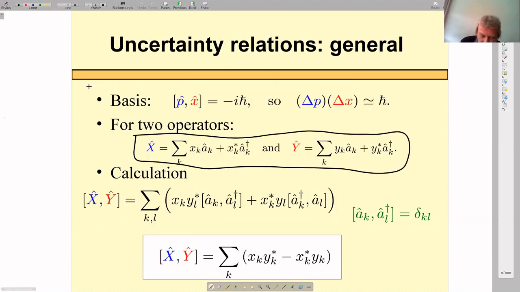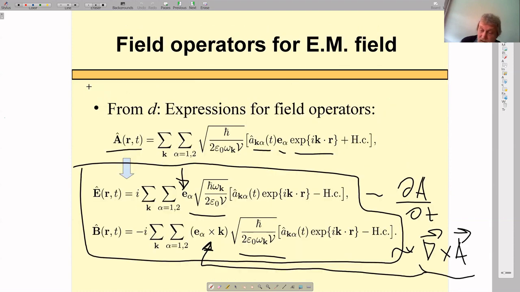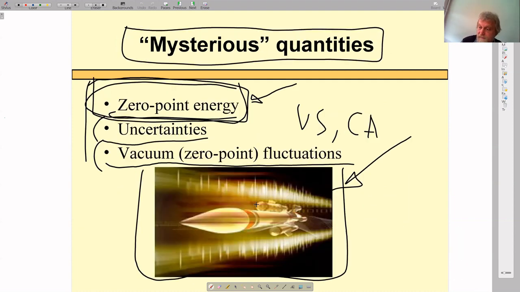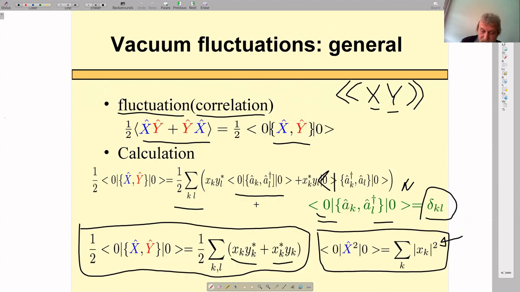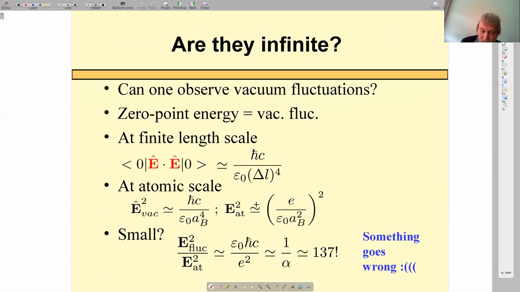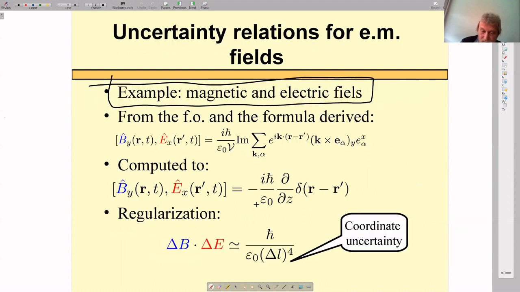And field operators, where did I have it? Let me find it. Ah, here we are. We have field operators for electric and magnetic field. We can combine those two.